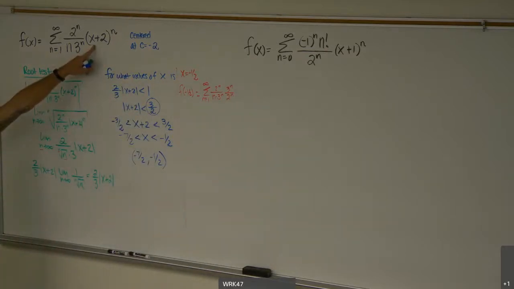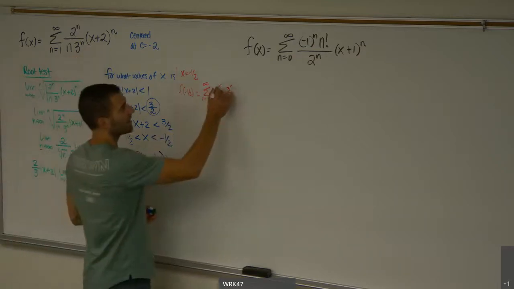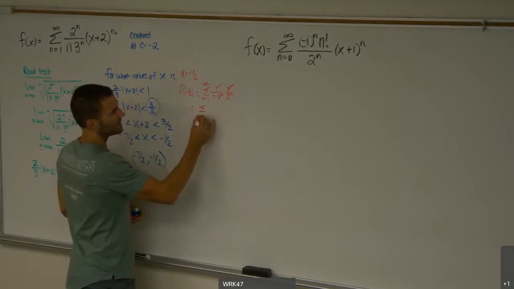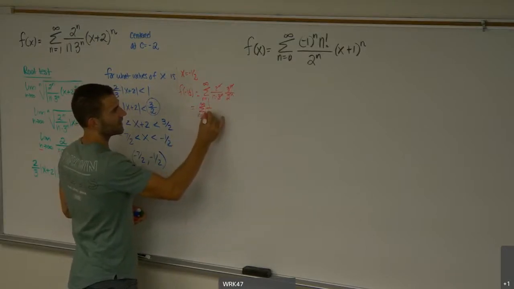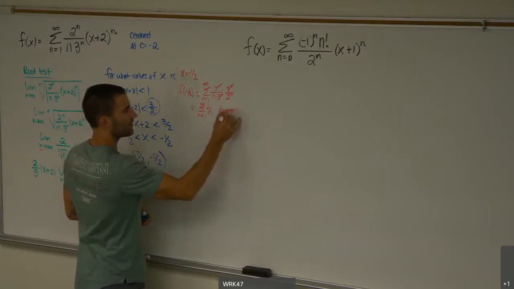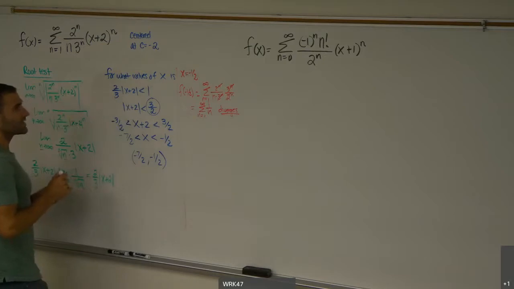Splitting the n power over the 3 and the 2, and the 3/2 gives me this. And why do I do that? Because, well, then these cancel. And we're actually left with a p-series, 1 over n. This p-series diverges. P is 1. And so what does that mean? That means at -1/2, it better stay a parenthesis.